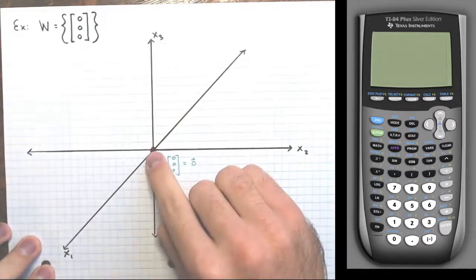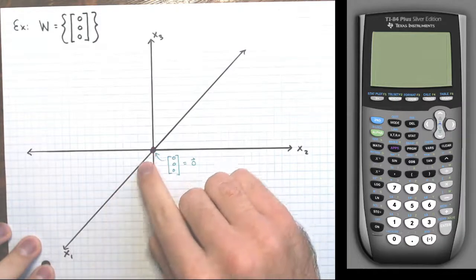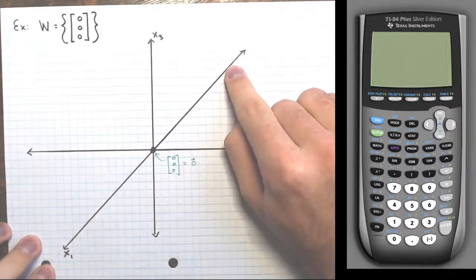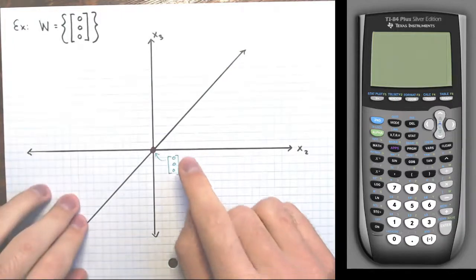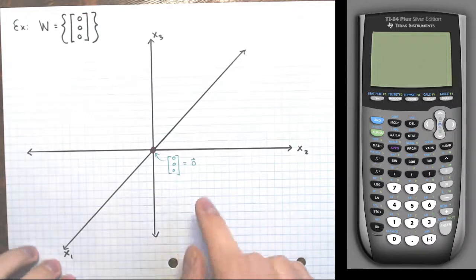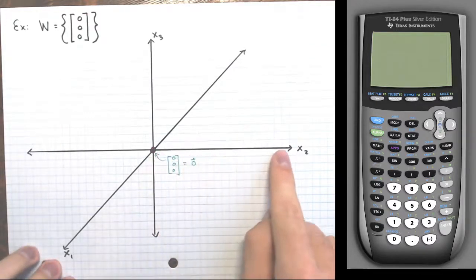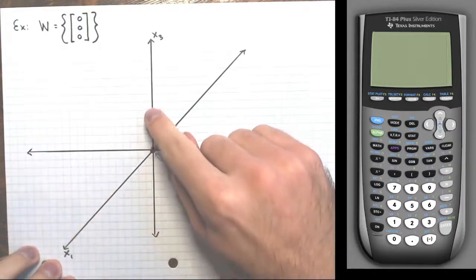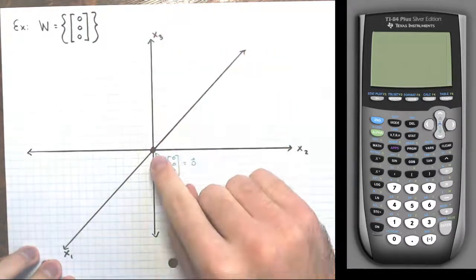You've got positives for x1 coming out of the page, negatives going in the back. Usually the negative sides of the axes are dashed. I think I dashed them in my future drawings; I apologize, I didn't dash them here. Then I have the positive y-axis or positive x2, and then negatives over here, and then positive z or positive x3, and then negatives down here.